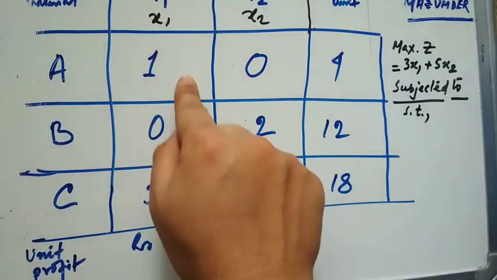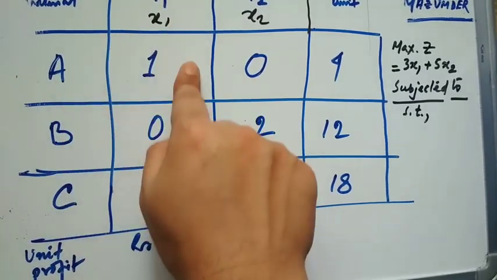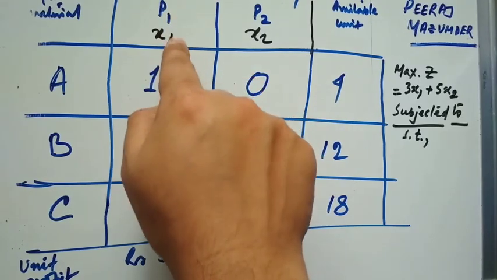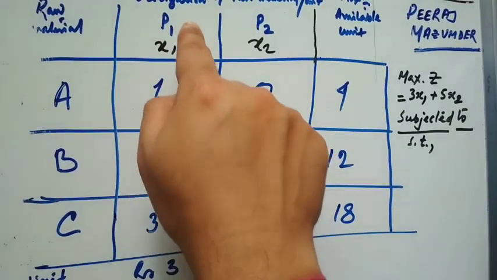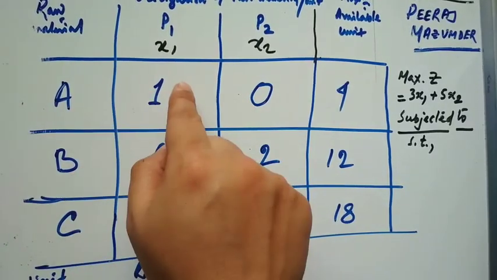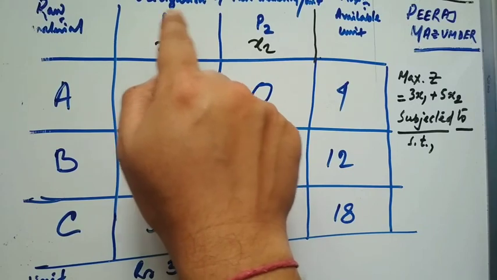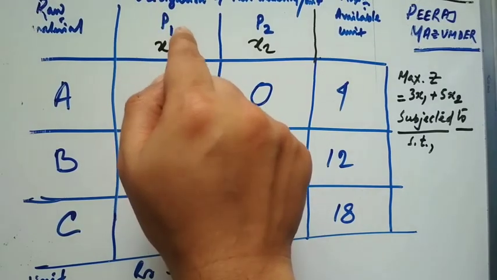So this represents 1 unit of A raw material is needed to produce, say, X1 quantities of P1. Okay. 1 unit of quantity is required for per unit production of this P1 product.